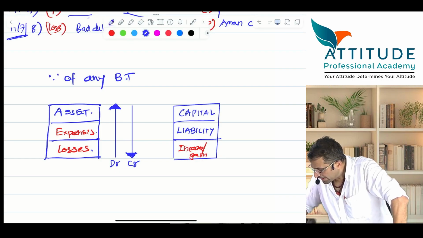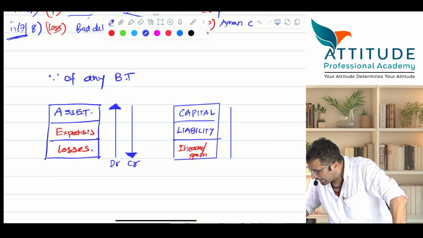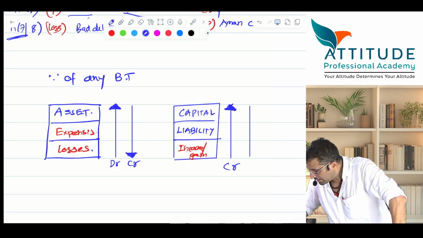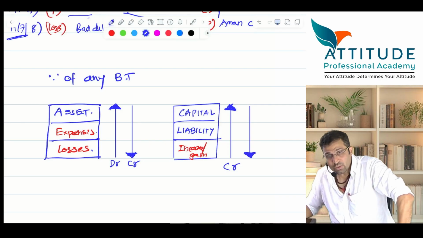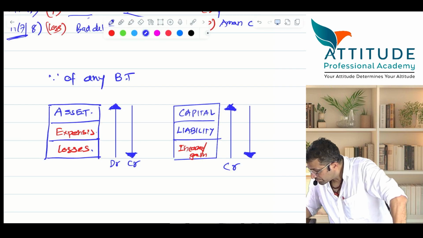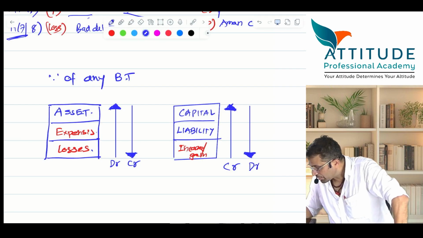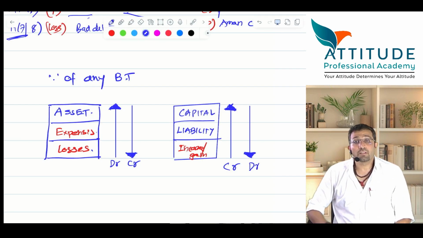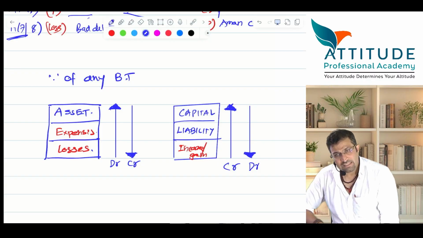Okay. अगर ये कैपिटल बढ़ रहा है, लायबिलिटी बढ़ रहा है, मीन्स पैसा देने का बढ़ रहा है, इनकम बढ़ रहा है, तो क्या करना चाहिए? क्रेडिट. और वही कैपिटल अगर कम हो रहा है, कम हो रहा है, तो कैपिटल, लायबिलिटी, इनकम कम हो रहा है तो डेबिट. इज इट वेरी सिंपल? हेलो, is that clear? Easy है?